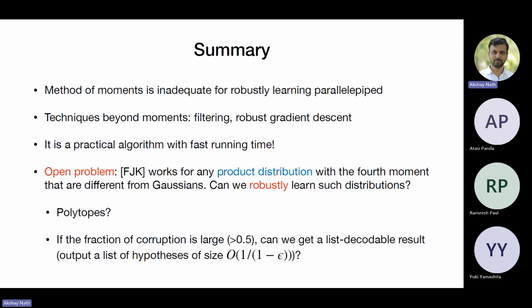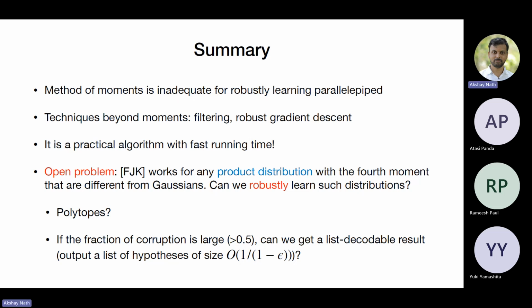If the moments are the same as Gaussian, then we can't distinguish the coordinate directions. But if they're different, that means we can learn the product distribution. So can we do the same thing? Can we robustly learn such product distributions?